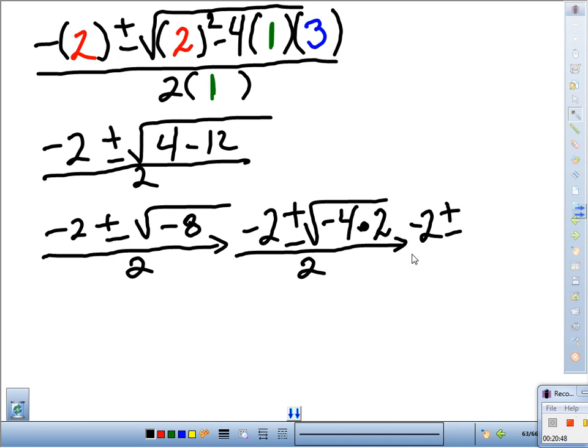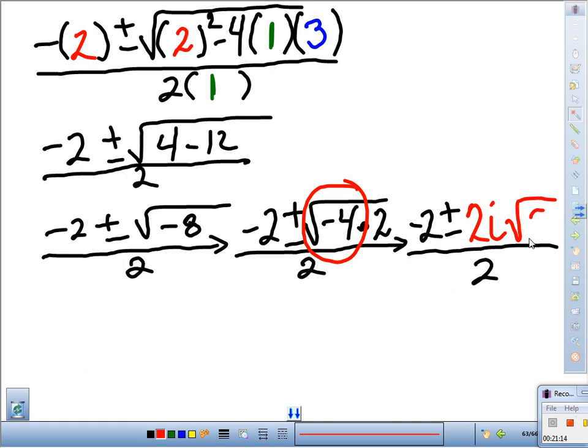Negative 2 plus minus over 2. Does everybody see the imaginary? What is square root of negative 4? 2i. What is the only thing we cannot take the square root of? 2. So that stays as square root of 2.